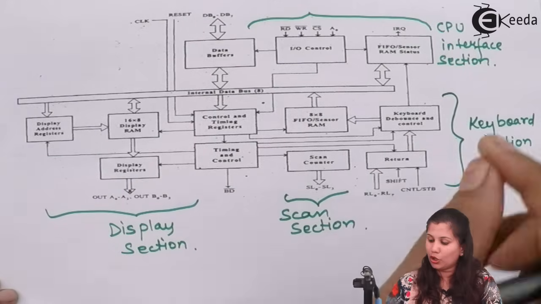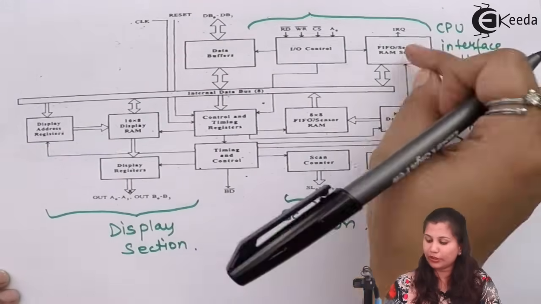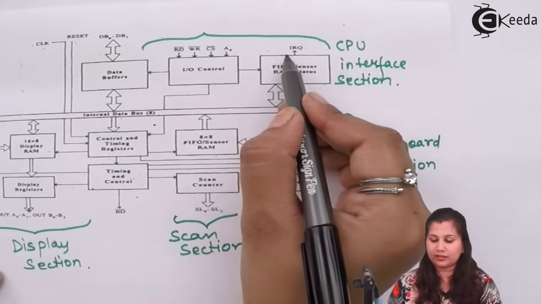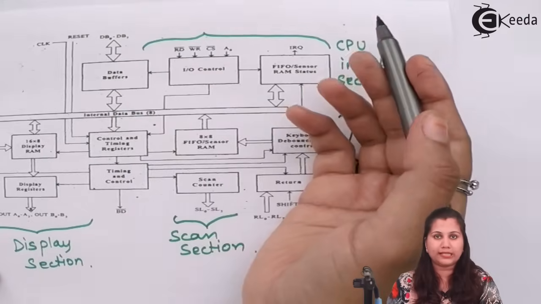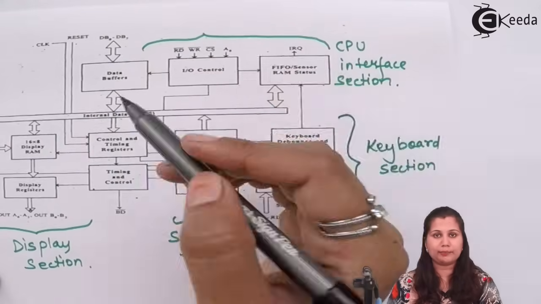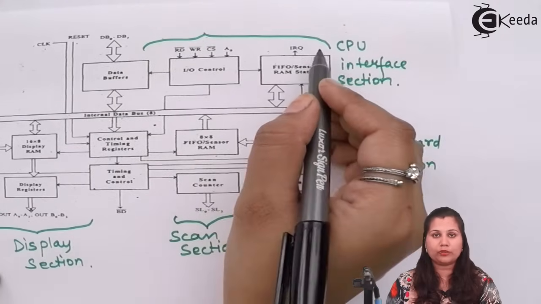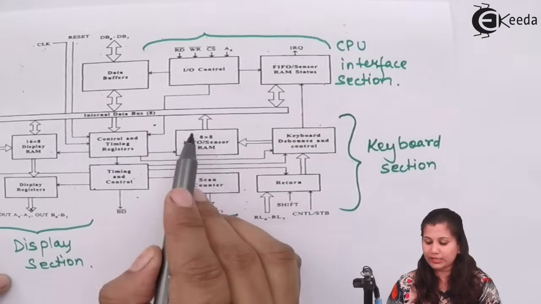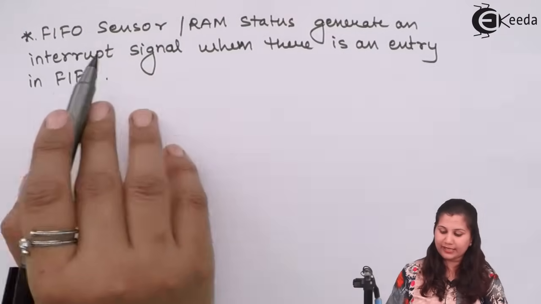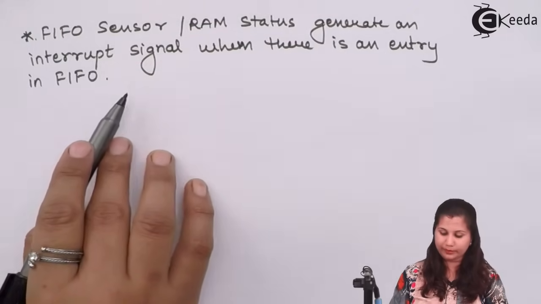So this FIFO sensor RAM status is going to generate a request signal, known as the interrupt request signal, and this signal will be sent to the CPU. Through this signal the CPU is interrupted, and then the CPU is going to read the key code from this RAM. So the FIFO sensor RAM status generates an interrupt signal when there is an entry in the FIFO RAM.